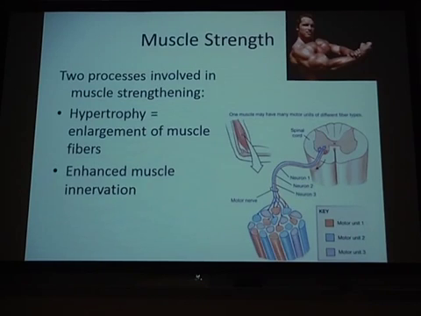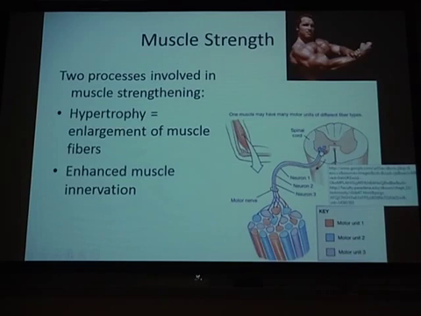The other way is that we can enhance the innervation of that muscle. So we don't grow new cell bodies. We don't grow new lower motor neurons in the ventral horn, but like we saw in the polio example, we can sprout axons, and so we can get more innervation to individual muscle fibers.